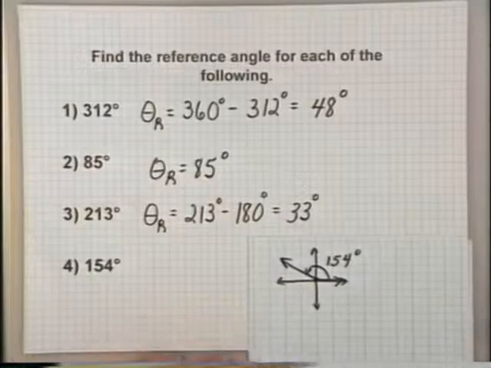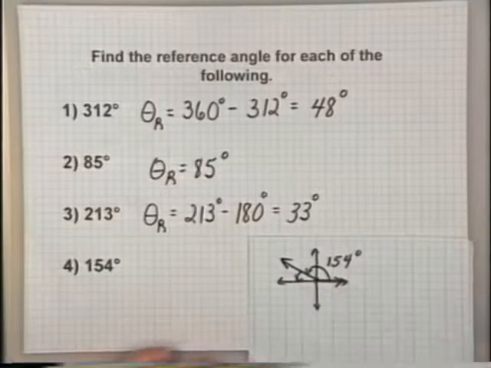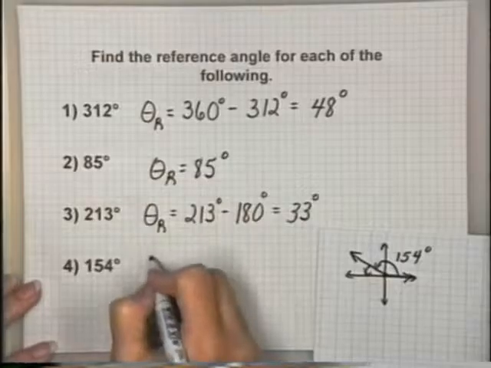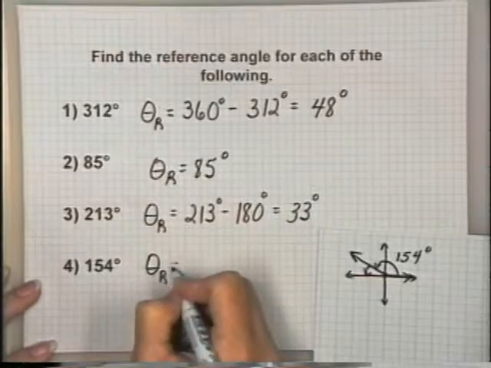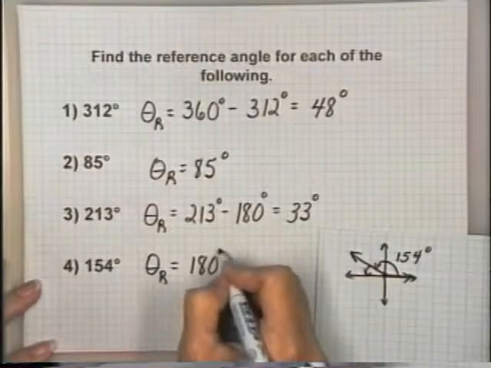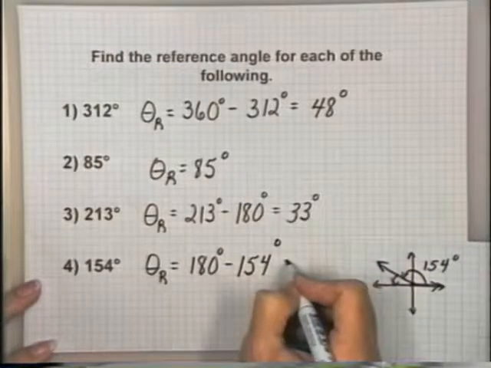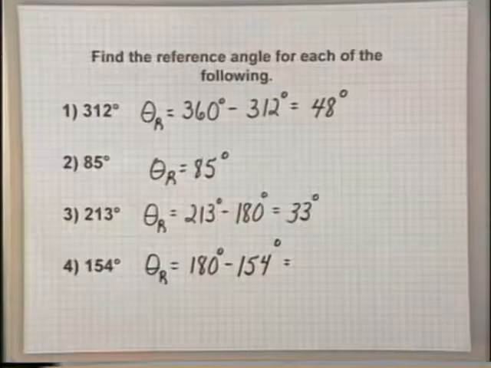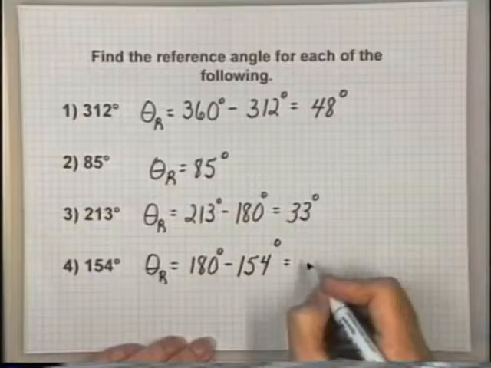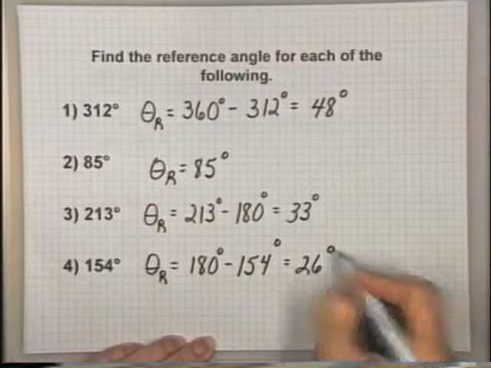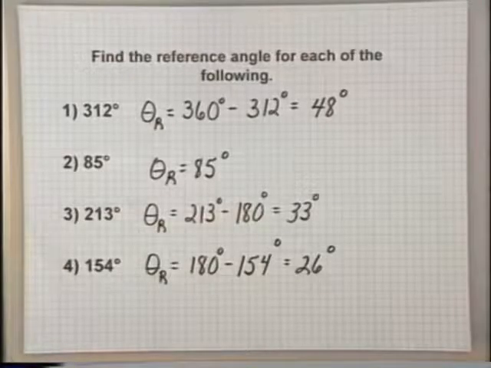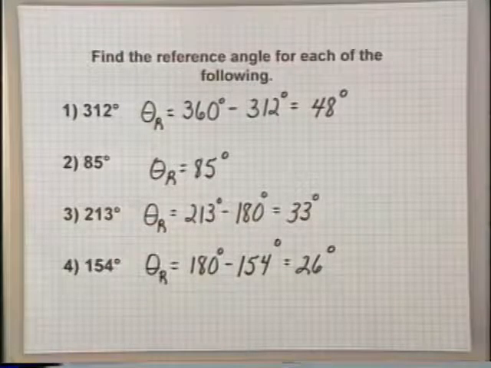Since it's second quadrant, how do we find its reference angle? We say 180 degrees minus 154 degrees. When you subtracted, did you get 26 degrees?